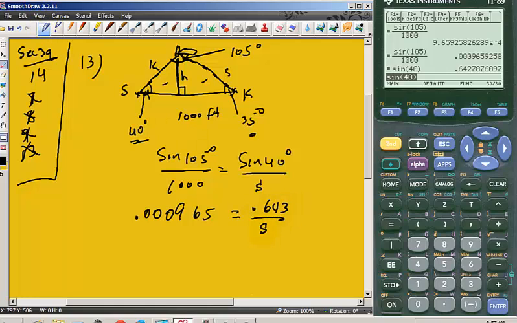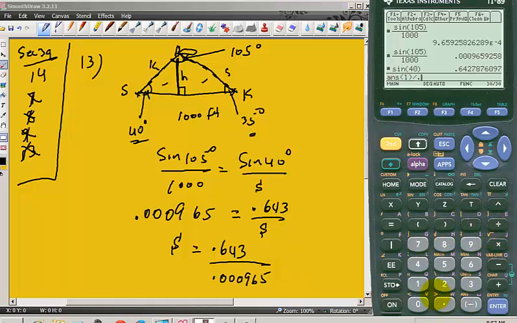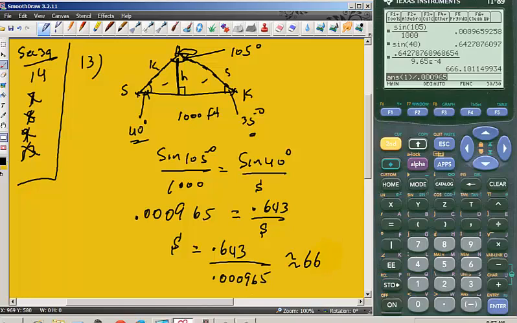All that over S. So when I cross multiply, my S turns out to be 0.643 divided by 0.000965, and hit enter. This turns out to be the devil's number, 666. You know what they say, the devil's in the details, right?